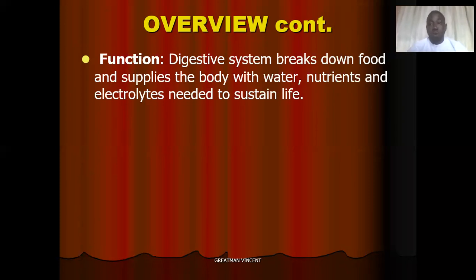Just as you are watching me today, the reason why you are strong enough to follow what we are doing has to do with the fact that you are being supplied with the nutrients you need, the water levels, and the electrolytes that are supposed to get into your body to sustain you. In one way or the other, you are getting all these things in the right proportion, and that is why you are strong, fit, and following this lecture. This is what the digestive system does for us.